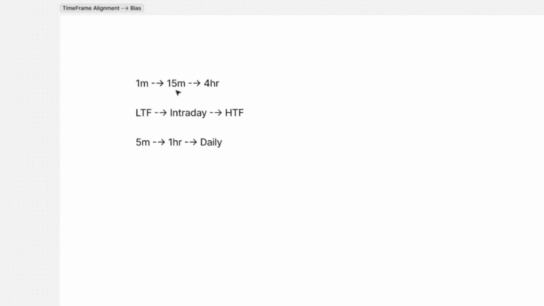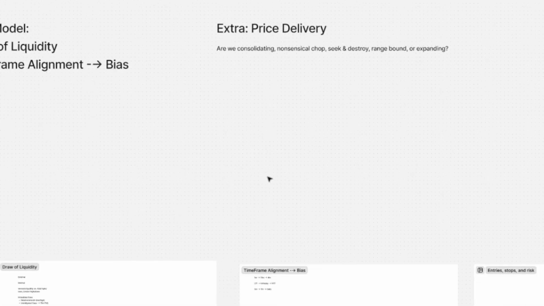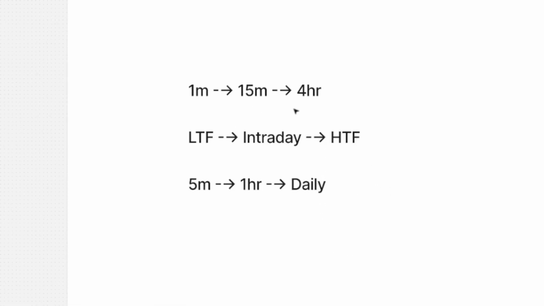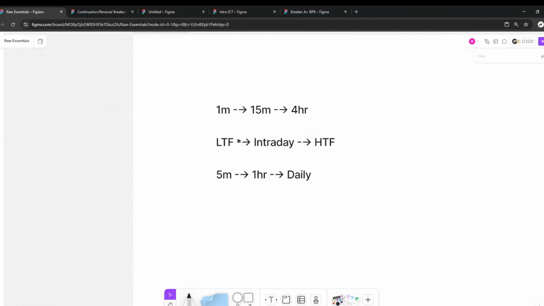We want to see the 15-minute flip bullish as well, and that just means any 1 minute setup that we can get, as long as it aligns with the bias, we have an edge now. And that's what the time frame alignment part of this 3-step model is. That's also an important part because if we have high time frame bullish, we have the intradays bullish, and then we also have a logic and narrative that really aligns with time frames here.